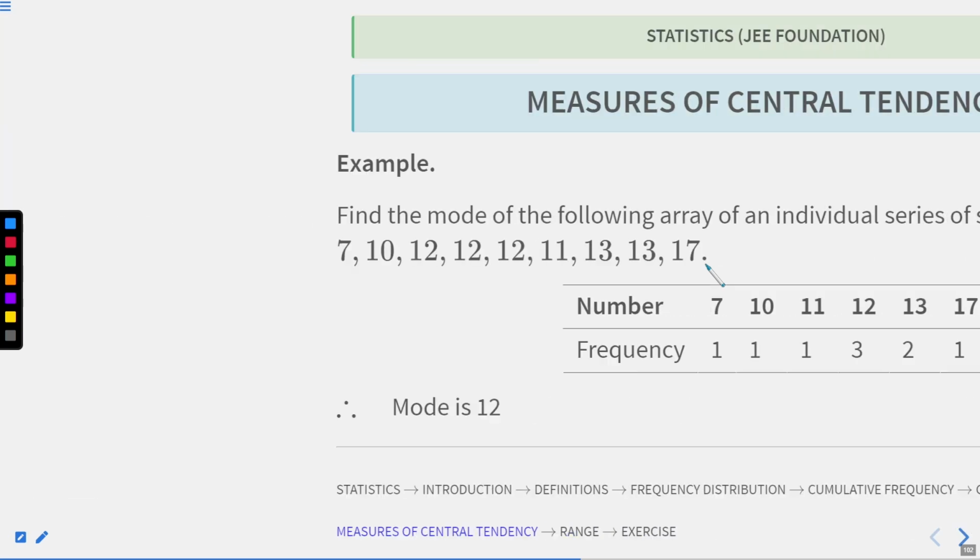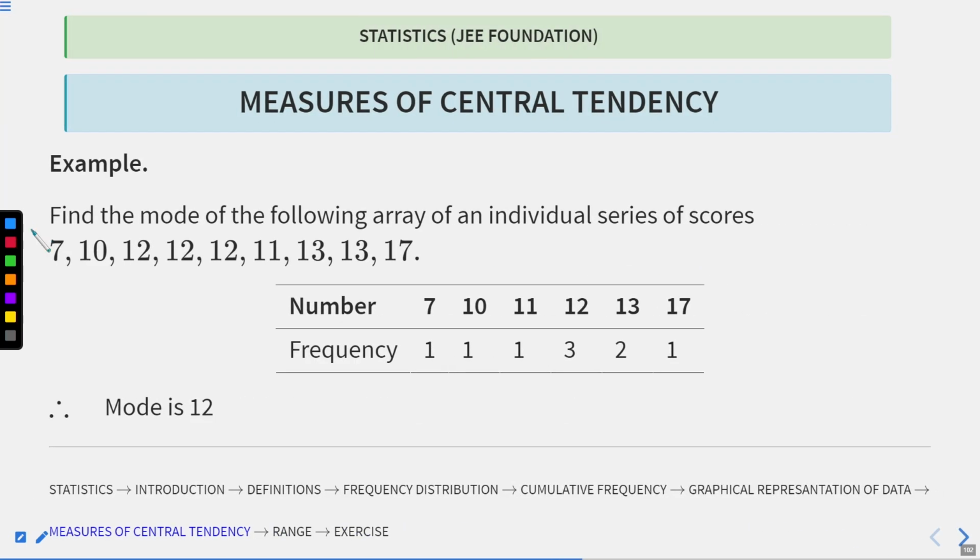If you see an example, a number set is given to me, the series of scores: 7, 10, 12, 12, 12, 11, 13, 13, 17. Now, the number 7 appears just one time, the number 10 appears only one time, and 11 also appears only one time.